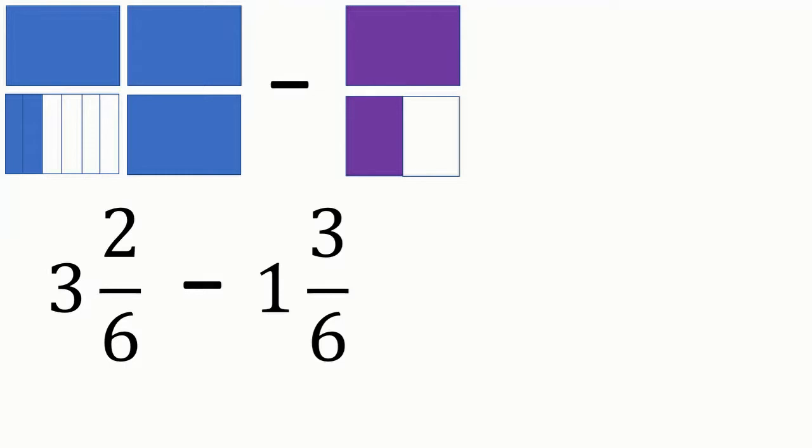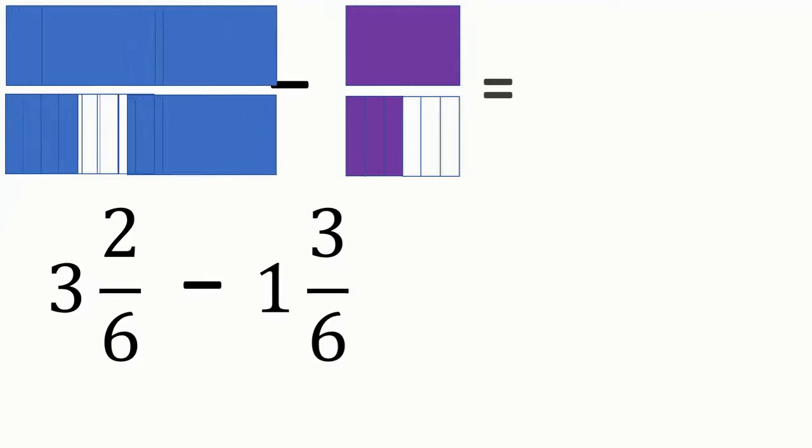For 1/2, since it is multiplied by 3, then each part will be divided by 3. And so the figures are good to fit, and now we can subtract the figures. So this is equal to, let us copy the 3 and 2/6.